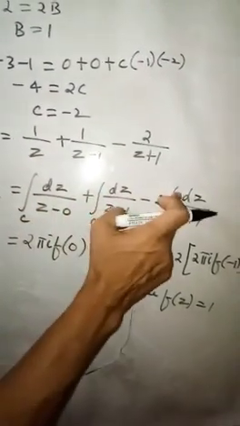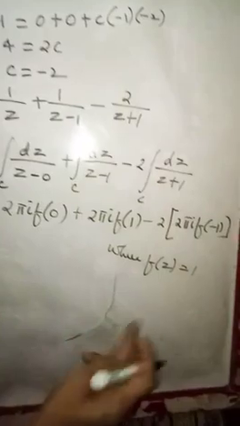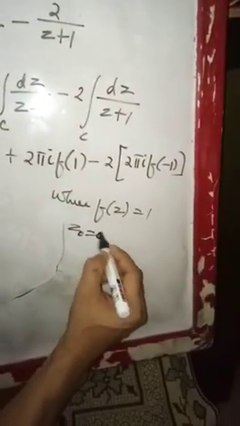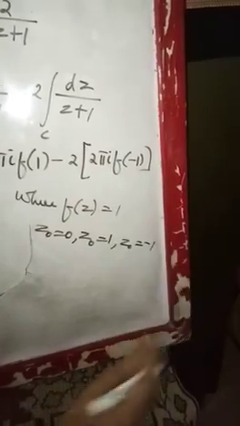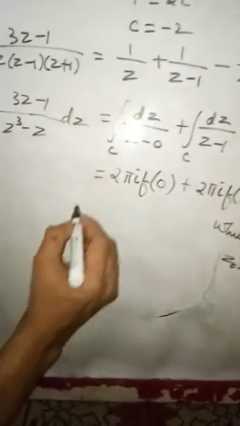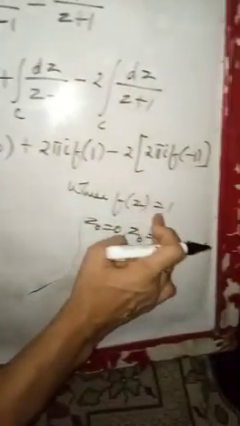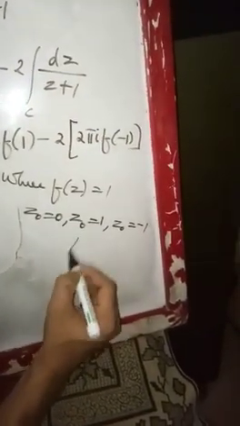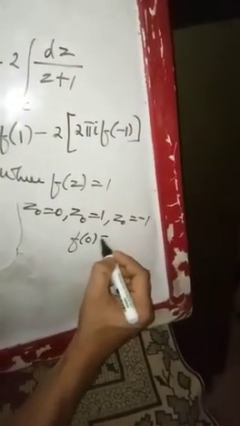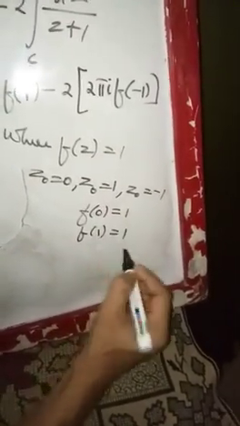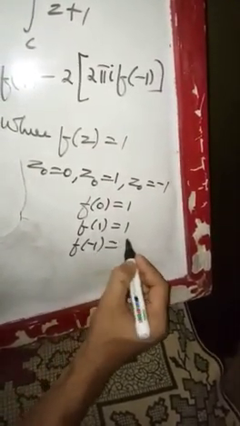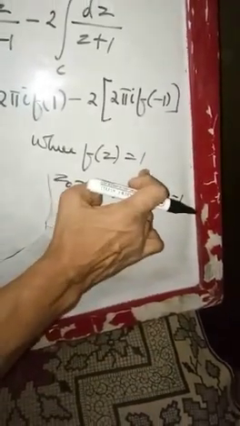You see the numerator. The numerator is f of z equal to 1, and z naught is 0, z naught is 1, z naught is minus 1. Now f of z equal to 1. So f of 0 is 1, f of 1 is 1, f of minus 1 is also equal to 1, since this is constant.